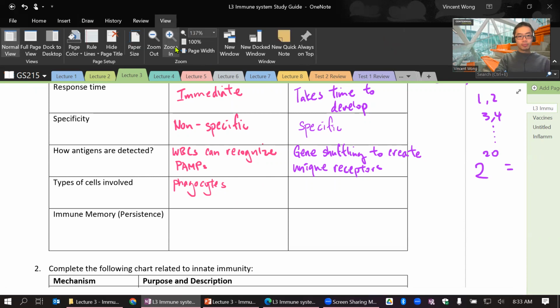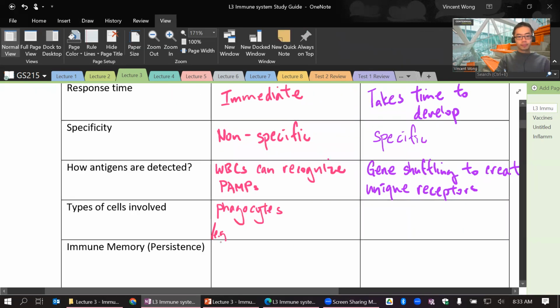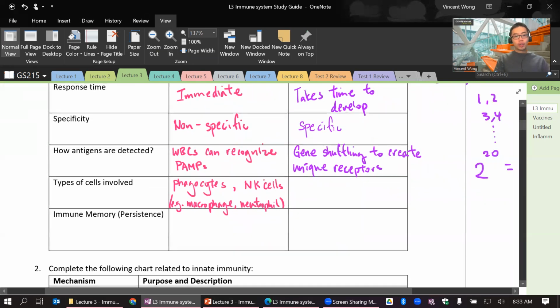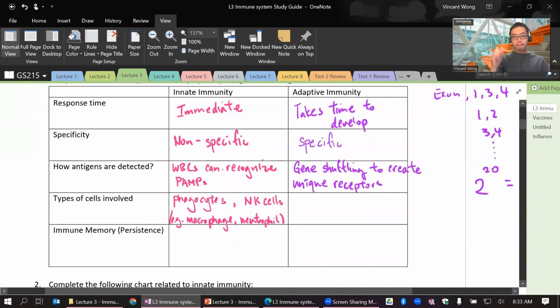It's too crowded, let me zoom in a little bit. Macrophages, neutrophils, so those are examples of phagocytes. And there is another kind of cell that is responsible for killing virus-infected cells or tumor cells. You might remember that is called natural killer cells, or NK cells. So these are the kinds of cells that are involved in innate immunity.